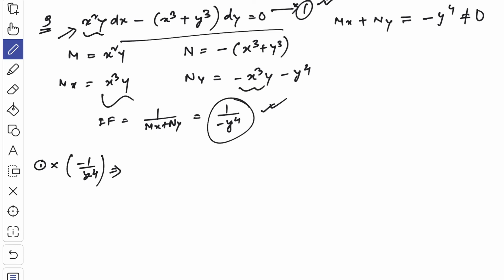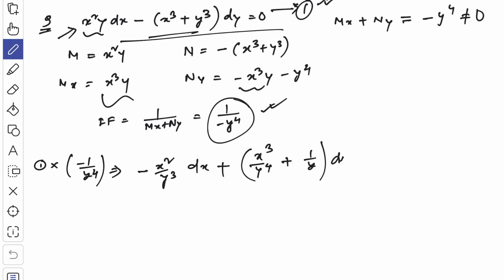If you multiply that here, then our equation on simplification will be (x^2 by y^3) dx plus (x^3 by y^4 plus 1 by y) dy is equal to 0.